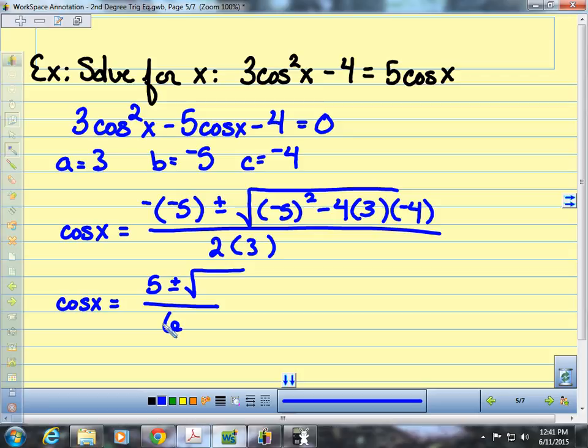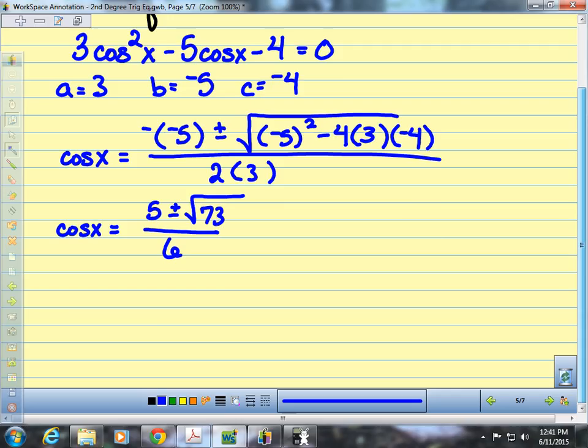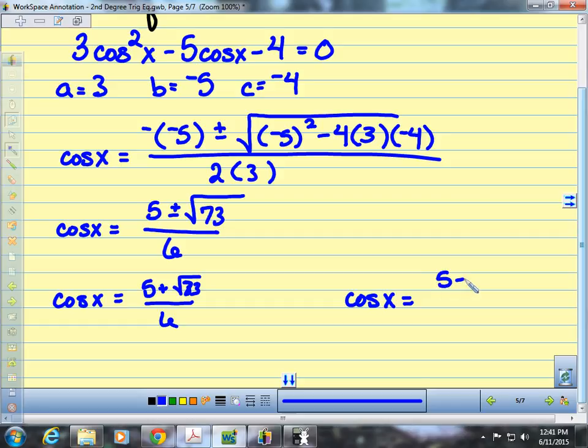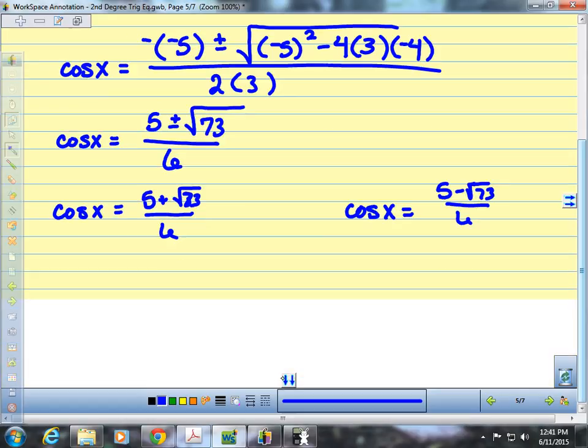Okay? And can I break down the 73 at all, folks? No. It's prime. We really can't break that down. Okay? So cosine x is going to be equal to 5 plus radical 73 divided by 6, and cosine x is going to be equal to 5 minus radical 73 divided by 6. Okay, so let's go into our calculator.